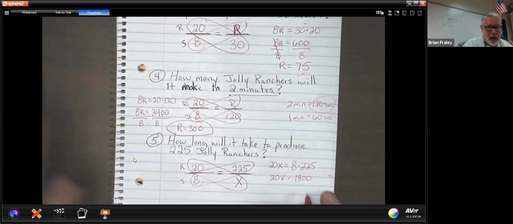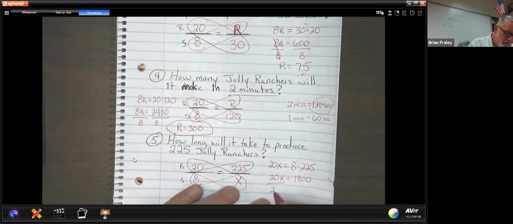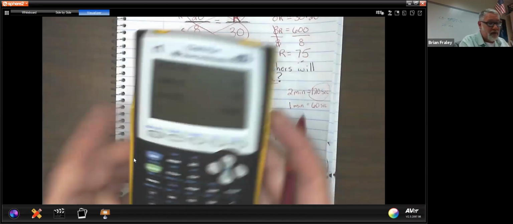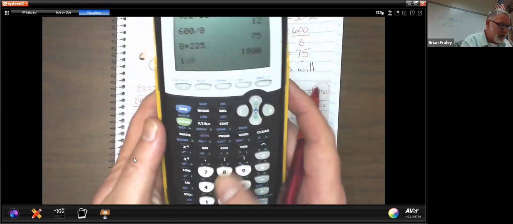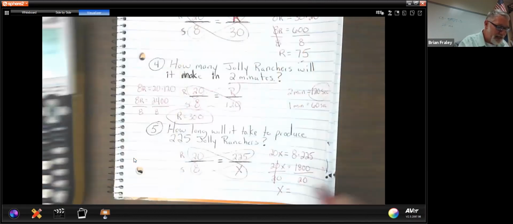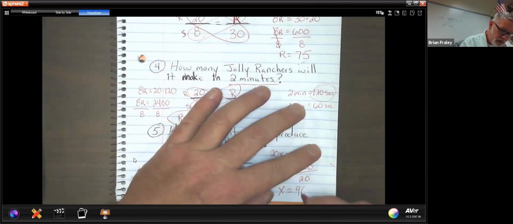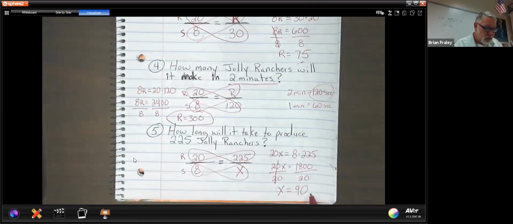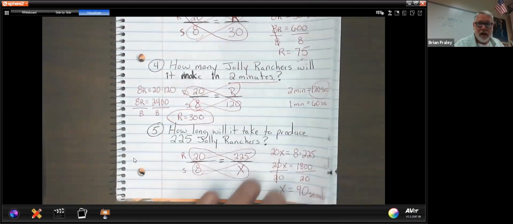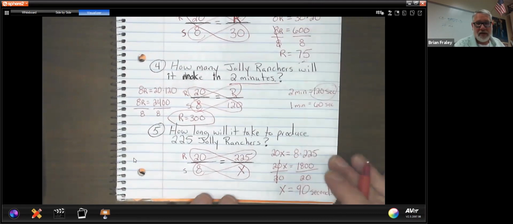And if they're multiplying by 20, we divide by 20. 1,800 divided by 20 gives me 90. Oh, is it going to be seconds or minutes? Well, if we set it up as seconds, it's going to be 90 seconds. And there's your answer.